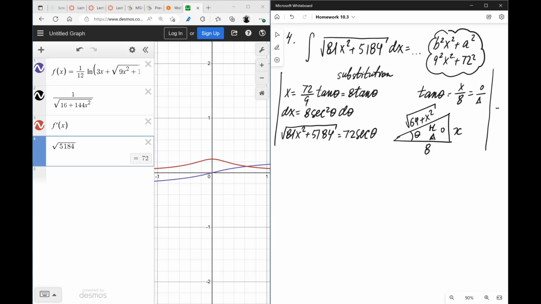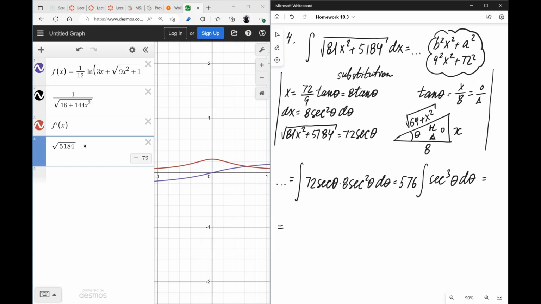So this integral becomes this. We have 72 secant theta times 8 secant squared theta d theta. 72 times 8 is 576 times the integral of secant cubed theta d theta.